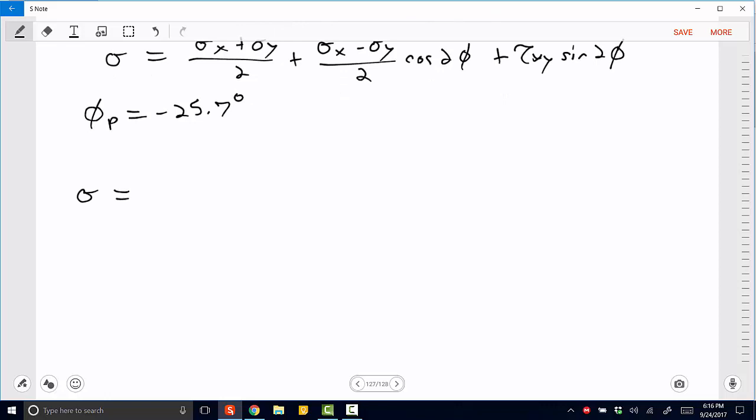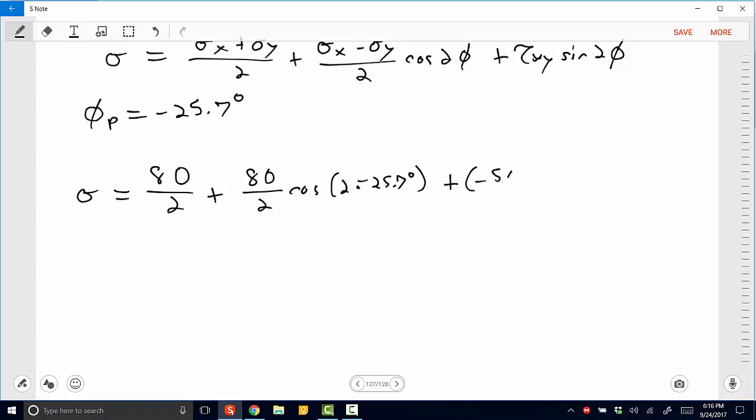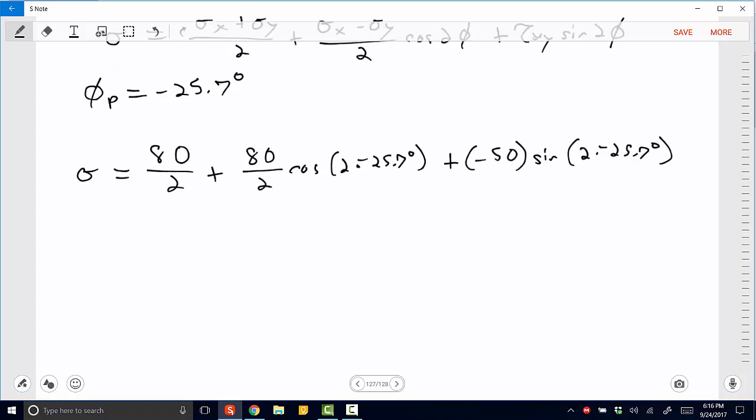Our sigma is equal to 80 megapascal divided by 2 plus 80 megapascal divided by 2 cosine 2 times negative 25.7 degrees plus negative 50 megapascal sine 2 times negative 25.7 degrees, right?